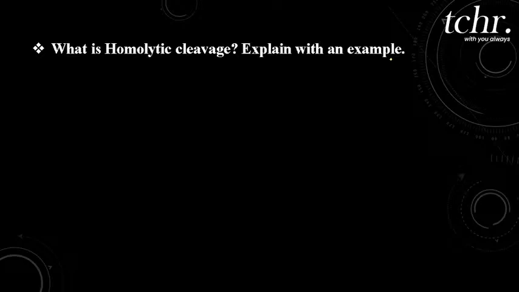So students, quickly we move on to the next concept. A 2 marks question is asked like this: what is homolytic cleavage? Explain with an example. They're asking you to explain what is homolytic cleavage.